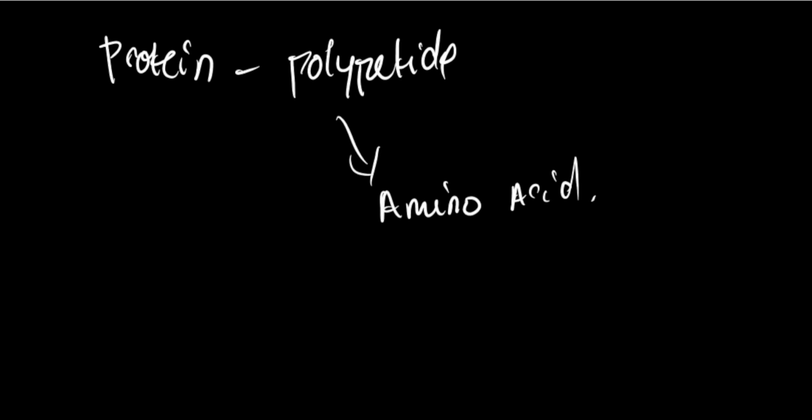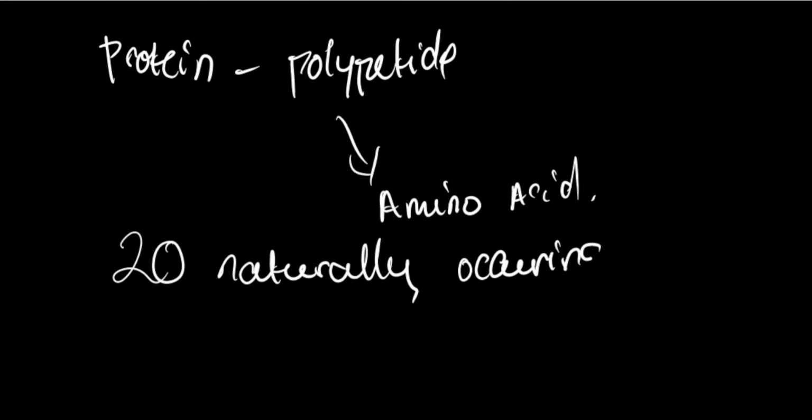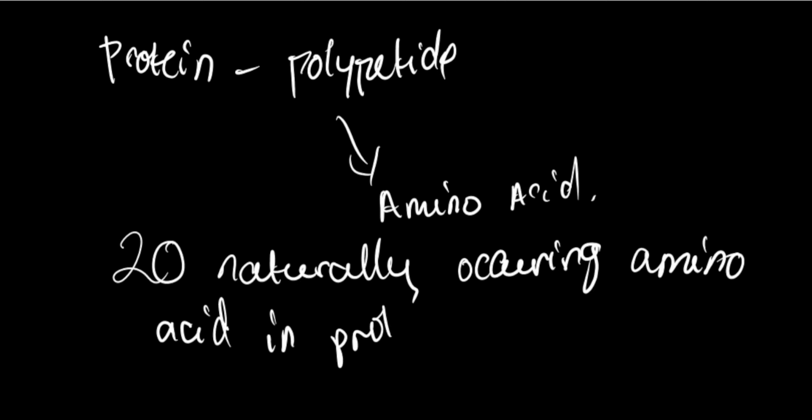Now, just to drive home the point, we have about 20 naturally occurring amino acids in proteins. It's very important for us to take note of the fact that it's in proteins, because we have more than 20 naturally occurring amino acids. However, in proteins, we have 20 naturally occurring amino acids.